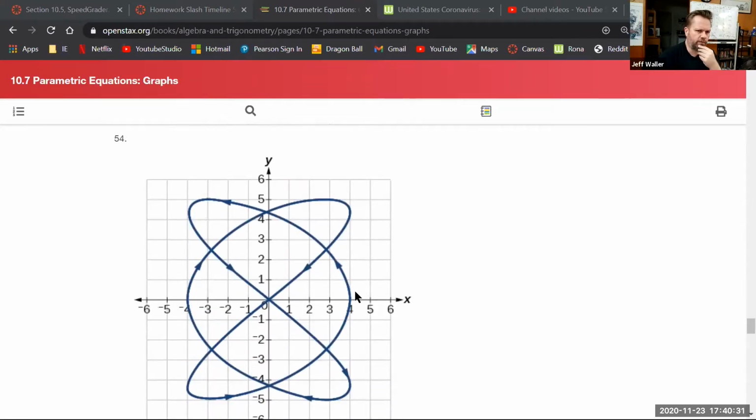which one are you looking at? 54. All right. So what does it seem, for example, how many times does it attain its max and min in the X direction?